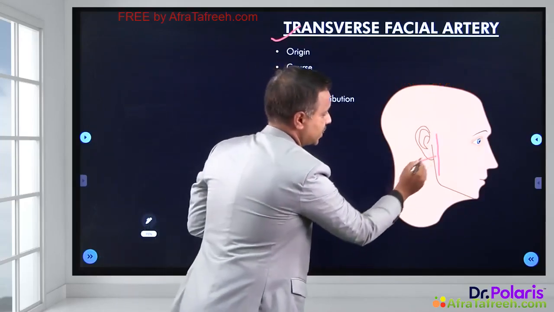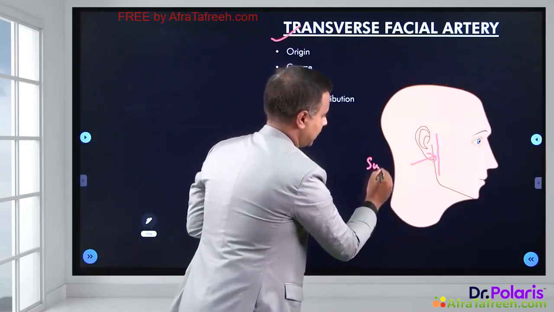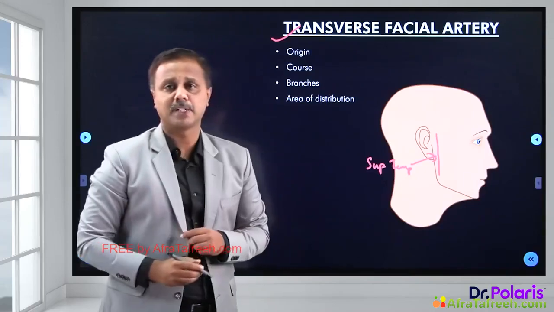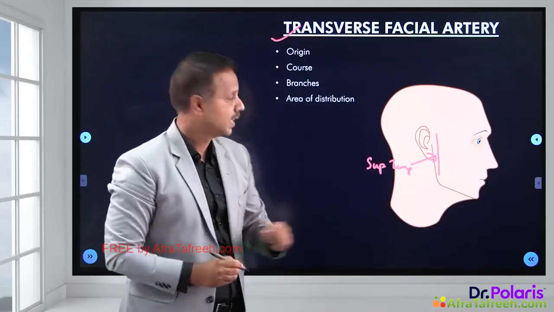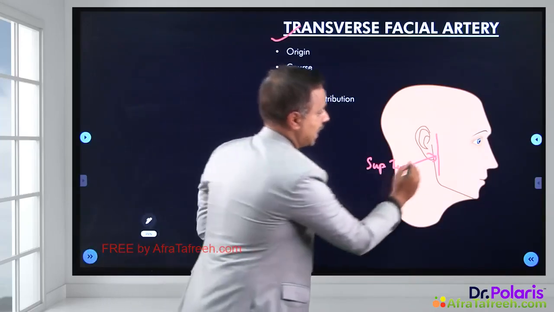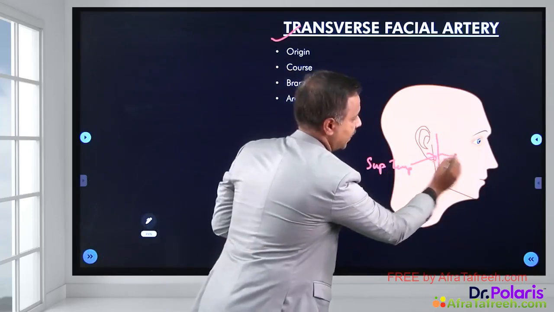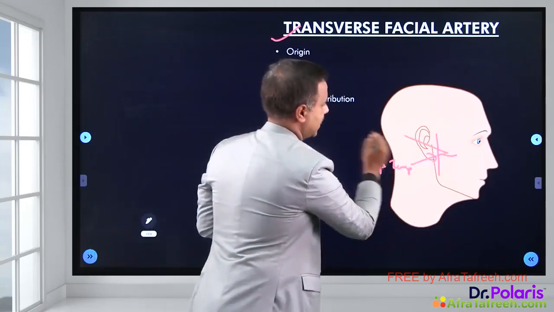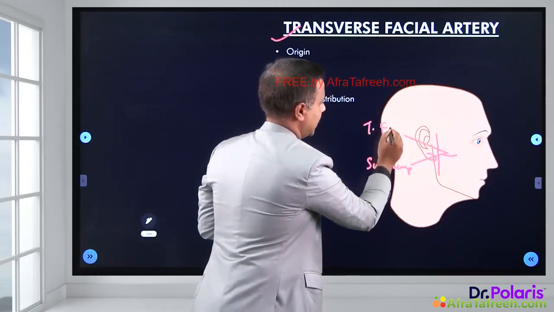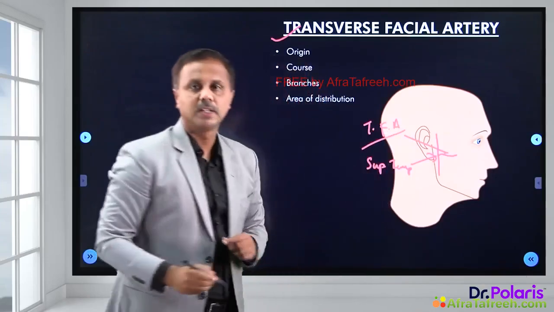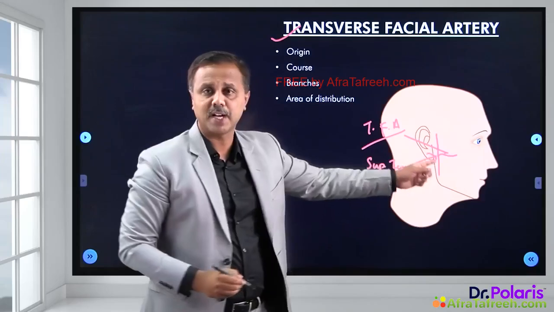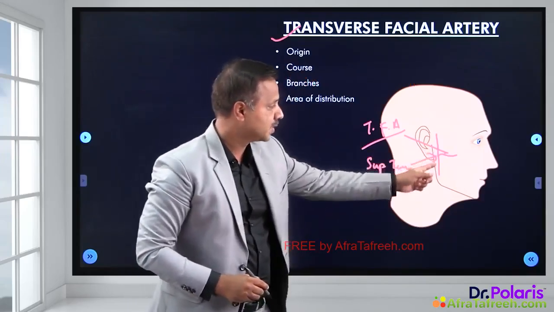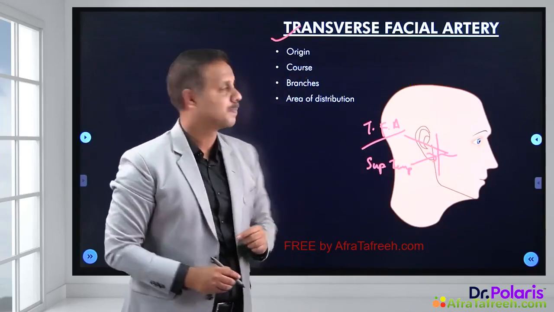This is the superficial temporal artery, which is one of the terminal branches of the external carotid. From the superficial temporal artery, we have an artery referred to as the transverse facial artery. So this is our transverse facial artery. It is one of the arteries supplying the face. It arises from the superficial temporal artery.